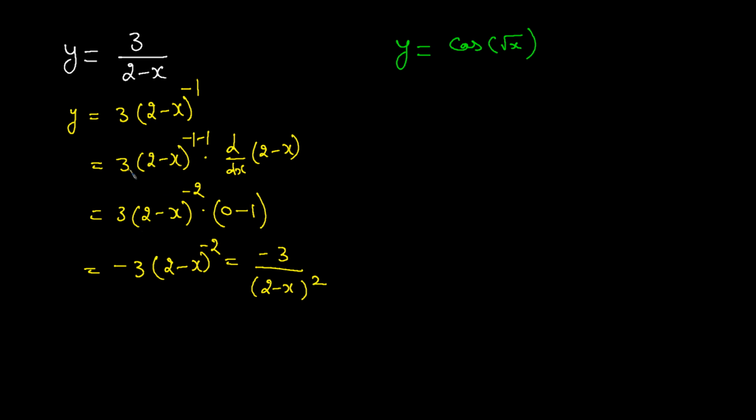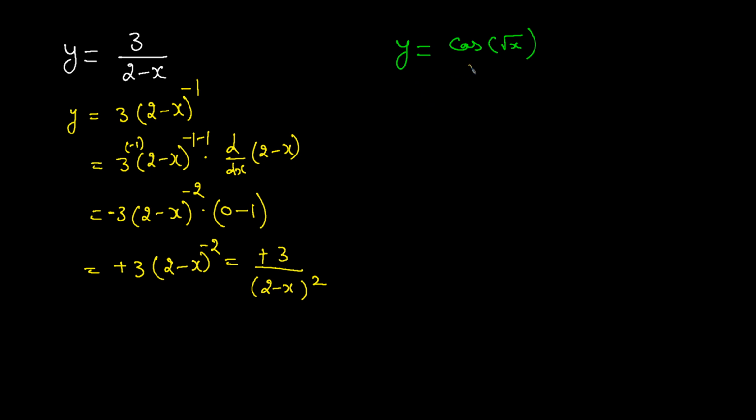I forgot to put the negative 1 over here. Remember, we bring n forward, so this negative 1 comes forward over here, and it can be put over there. So that was a mistake.